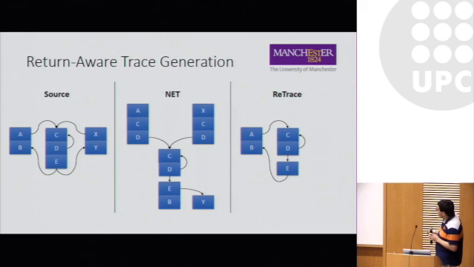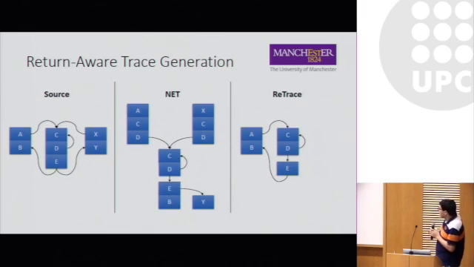Secondly, when we do the trace starting in A, when we reach a call instruction, we pause the trace, execute the call, and once the call has returned, we resume building the trace.